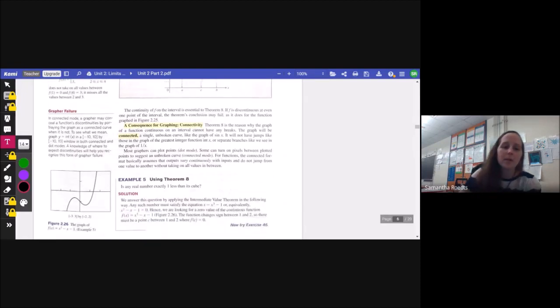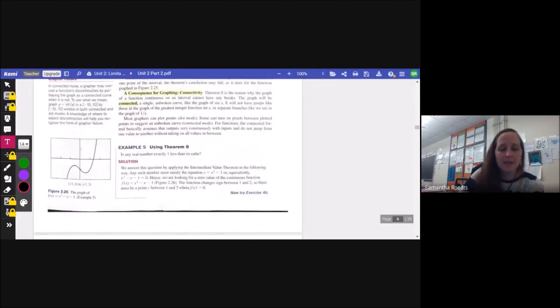So basically, when I'm looking at this function right here, x cubed minus x minus 1, this is a continuous function. I could plot individual points and connect them loosely, but I don't necessarily want to plot every single one of these points on the graph. So I make connections in my brain, knowing that this is how the graph should look.